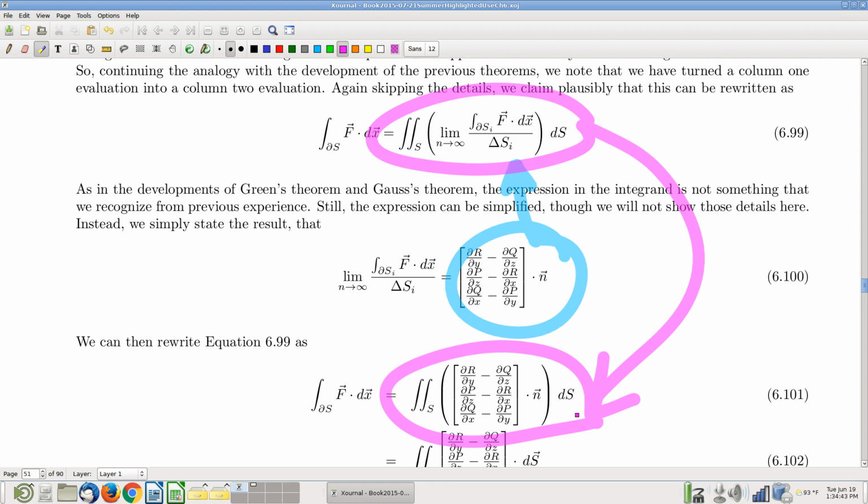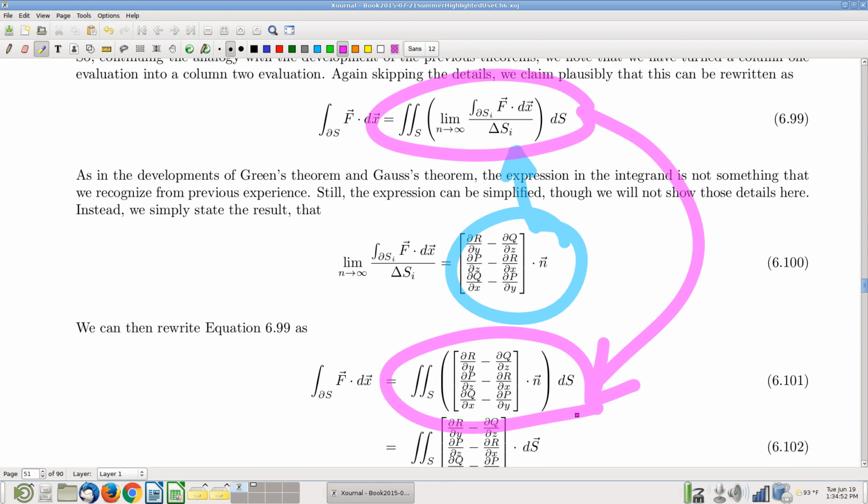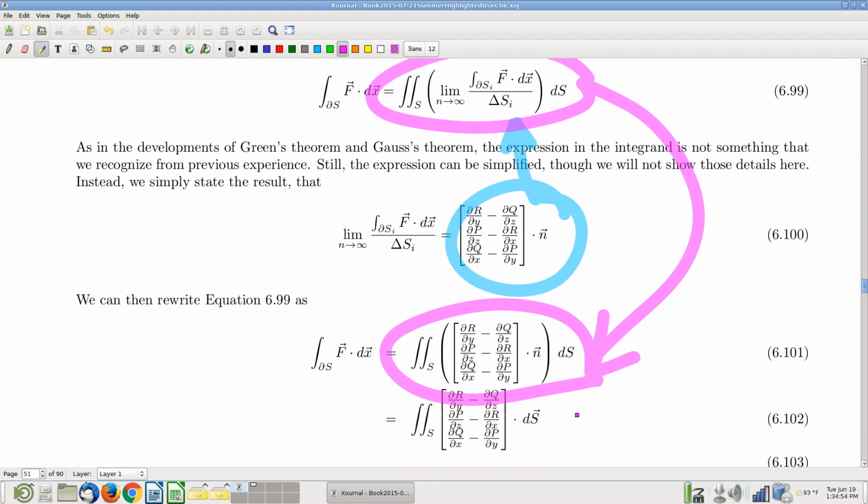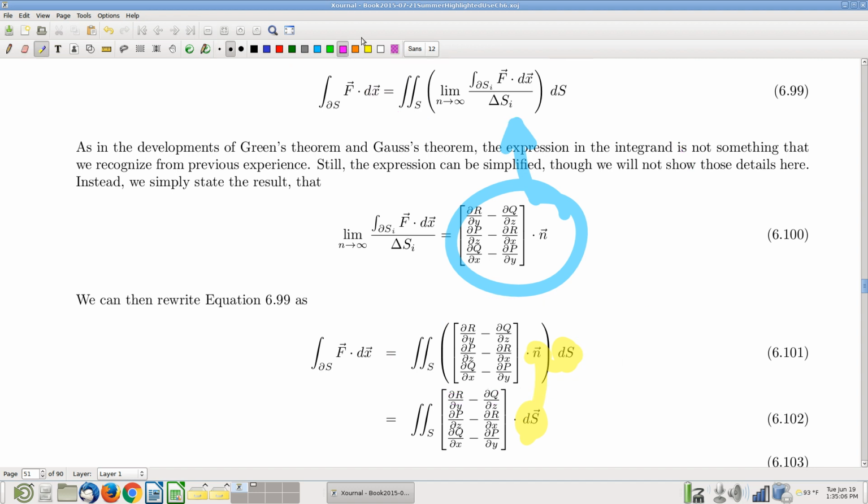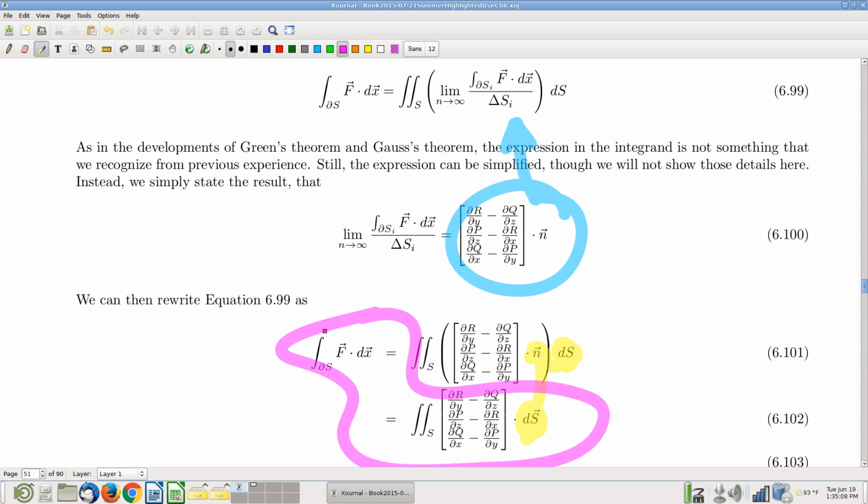Circulation, this accumulating quantity of circulation, is a flux. Here's the resolution of that previous worry. We were worried about the fact that this was just a scalar dS, but now I ended up multiplying it by n. Now we do have a dS vector, and you see we actually have then a flux of this thing. This thing here.